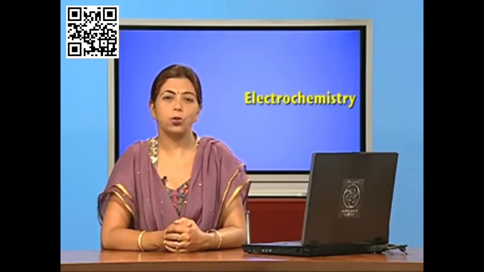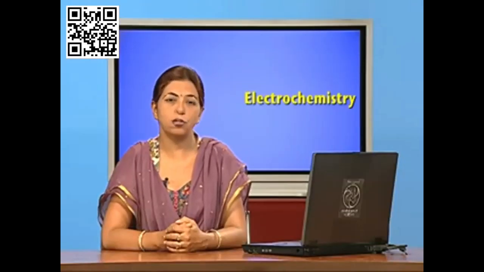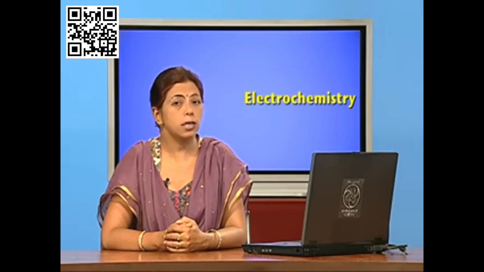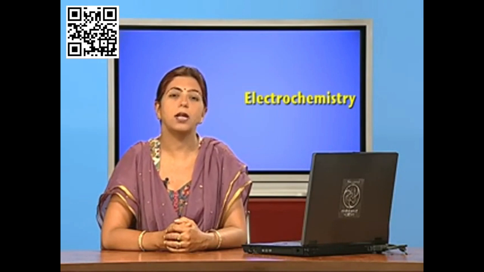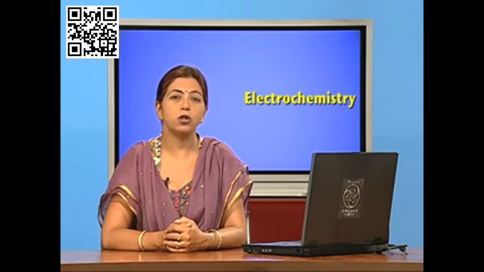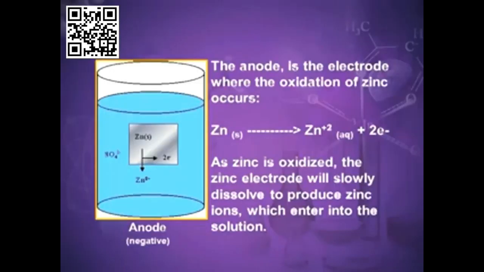In the picture you can see that there is a beaker. A beaker has a strip of a zinc metal. It acts as electrode, and this zinc strip, or you can say that the zinc electrode, is dipped in 1 molar solution of zinc sulfate. This half cell is anode because it loses electron.